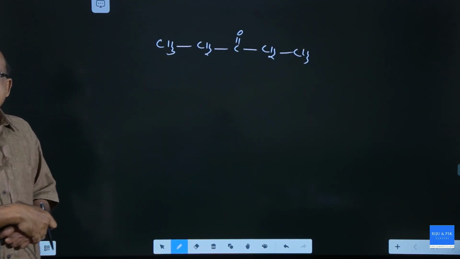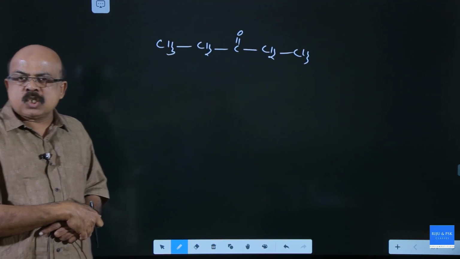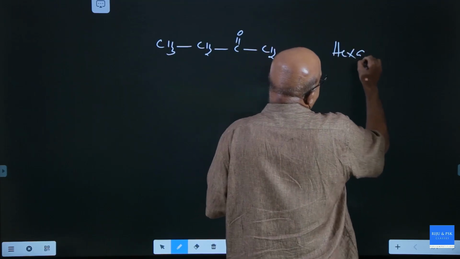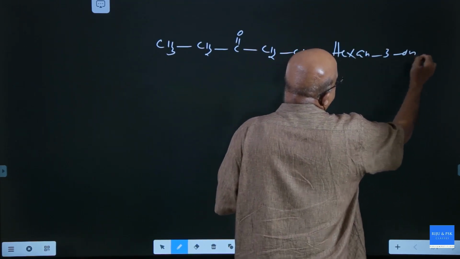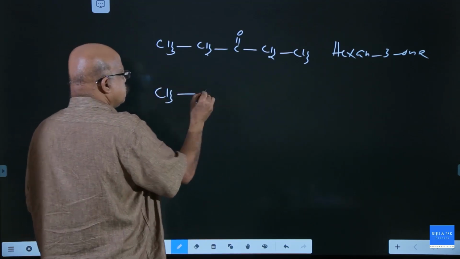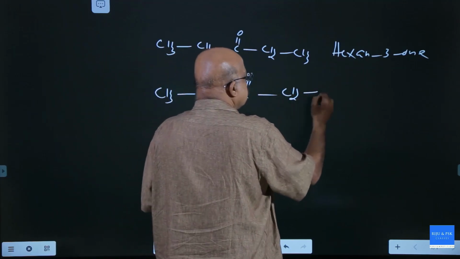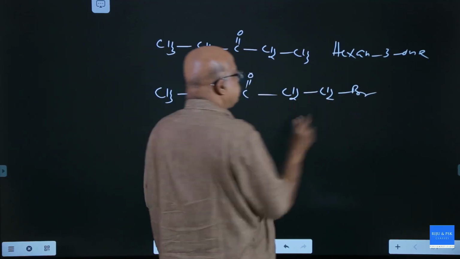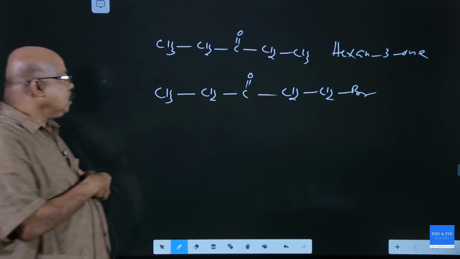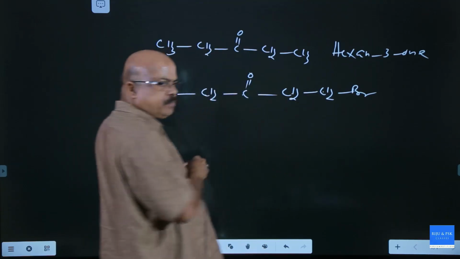Next is a 6 carbon containing ketone. CO group is at the third carbon, so it is hexane trione. It is a substituted hexane trione. 1, 2, 3. 1, 2, 3.